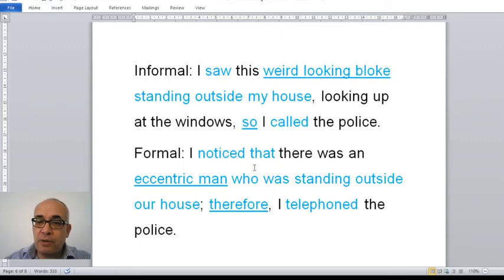"Standing outside my house," I add "who was," because it should be a complete sentence. In spoken English, we delete "who was," it's okay. But in formal English, I have to add "who was." I change "so" into "therefore." I change "called" into "telephoned." So the sentence now is formal: "I noticed that there was an eccentric man who was standing outside our house. Therefore, I telephoned the police."